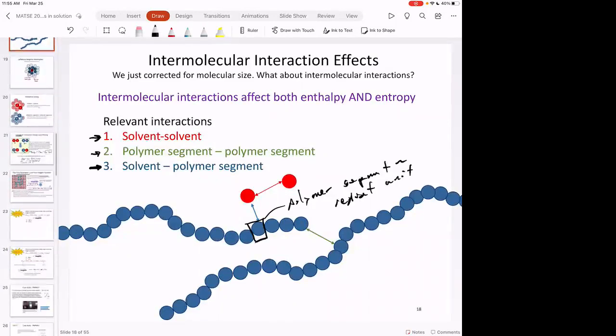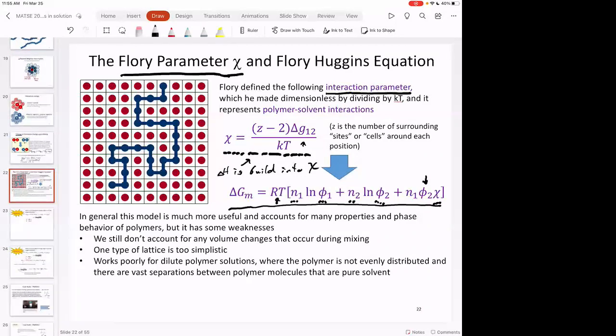And so instead of using ideal solution theory, we use Flory-Huggins, and then we start to think about, again, what is the sign of delta G? And if we can figure out the sign of delta G, or if we can figure out the magnitude of delta G, that gives us an idea of what's thermodynamically favorable and what's not thermodynamically favorable.